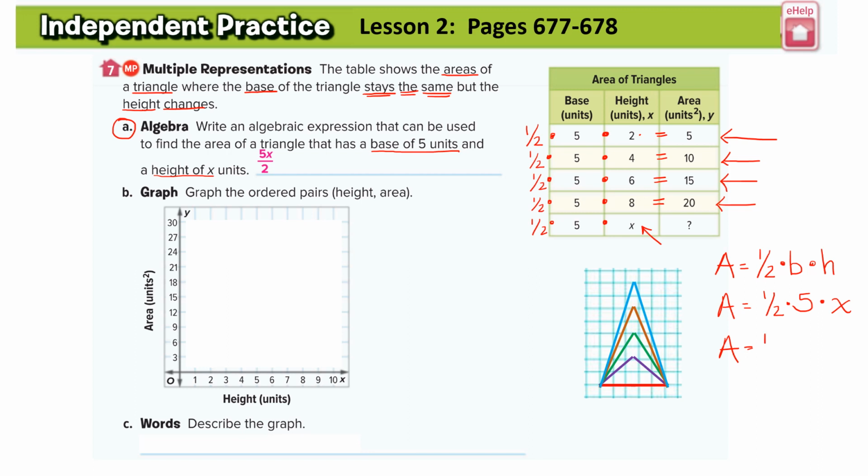Well, I have 1/2 times 5, and 5 is a whole number, so I can write that as 5 over 1. I can actually write x over 1 as well. So now 1 times 5 equals 5, and 5 times x equals 5x.